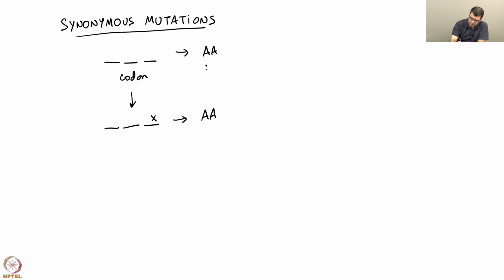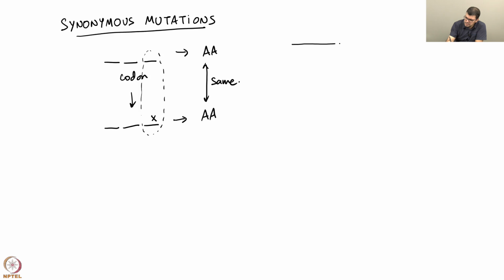The identity of these two amino acids is the same, and in this case we say that this particular mutation that happened did not lead to a change in amino acid.